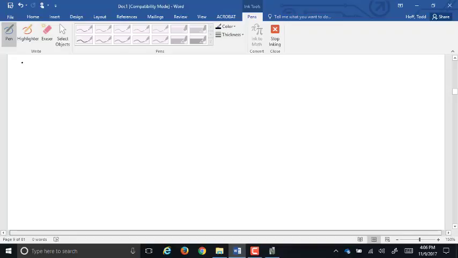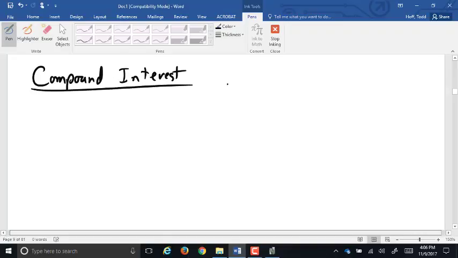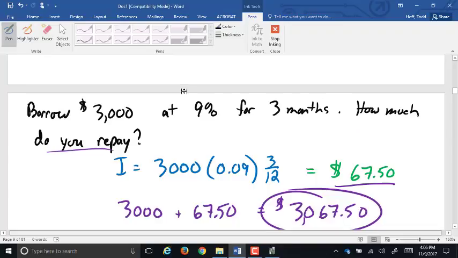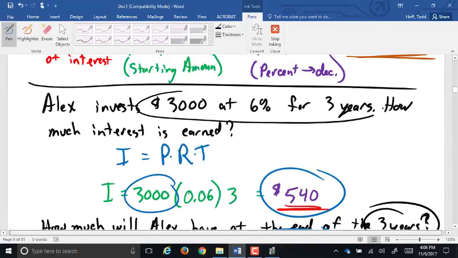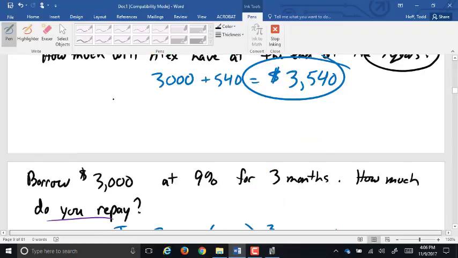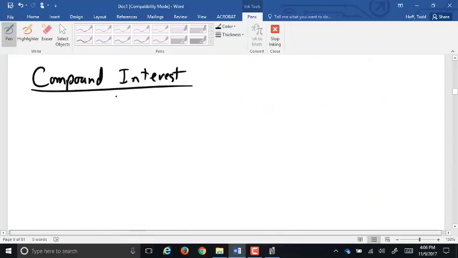Normally on things that are longer than a few months, the bank does something called compound interest. So to look back at that first example, we had $3,000 at 6% for 3 years. They wouldn't do that as simple interest.